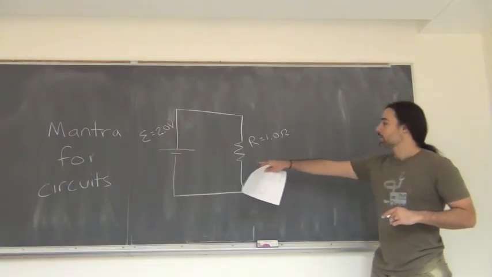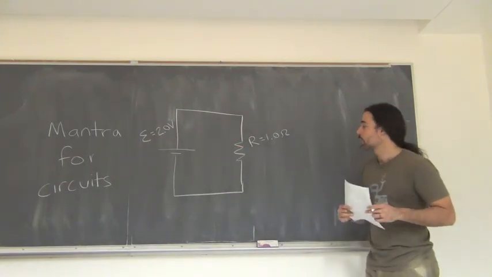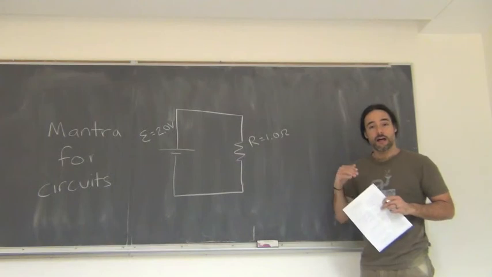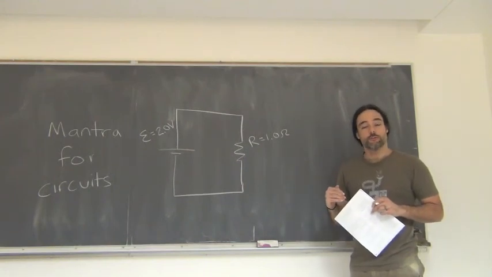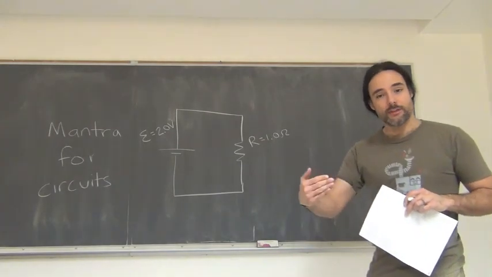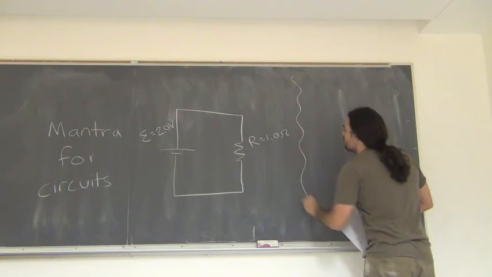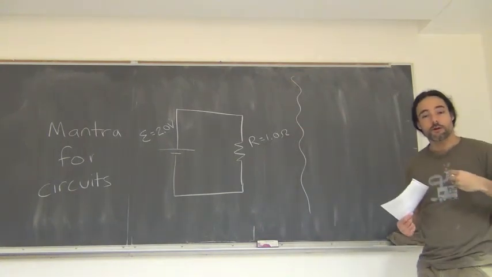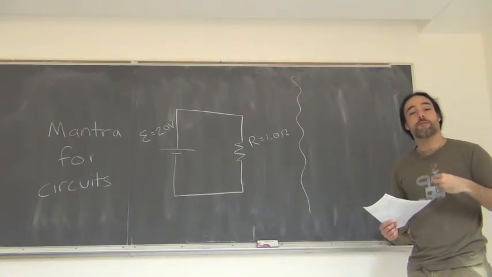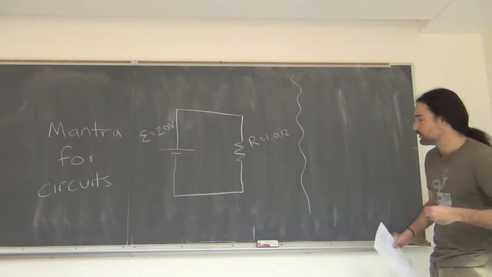I have here a battery that's a 2-volt battery. It's got an EMF of 2 volts. A resistor that has 1 ohm of resistance. And we want to find what's the charge doing and what's the energy doing. That's pretty simple if I just remember Ohm's law and then the equation for the energy dissipated by a resistor.